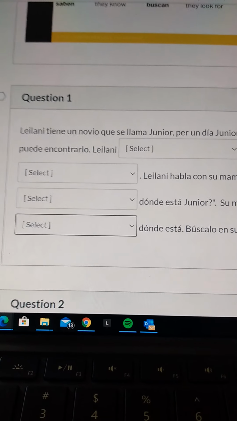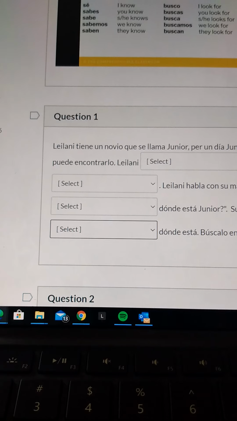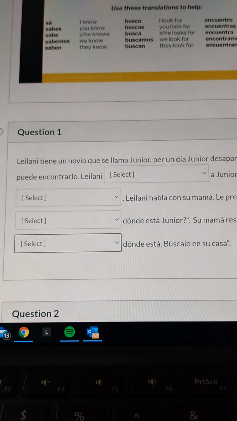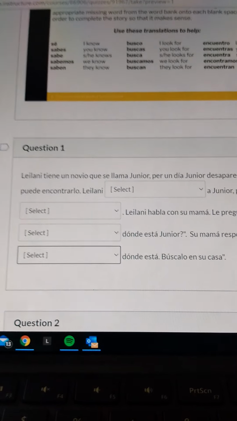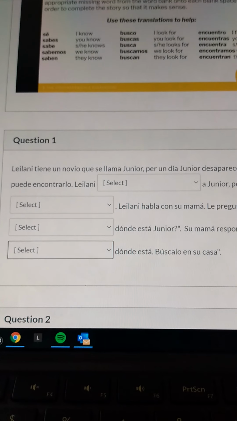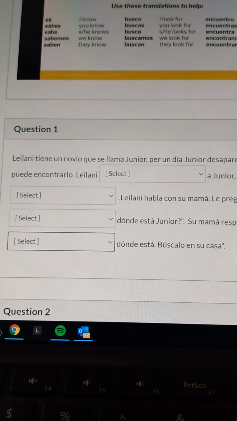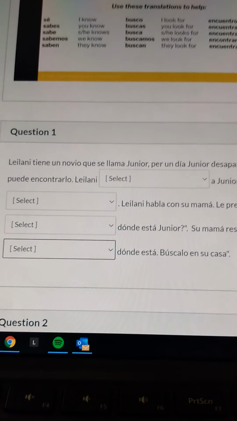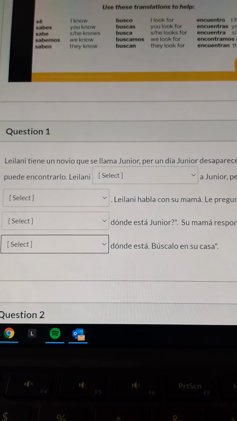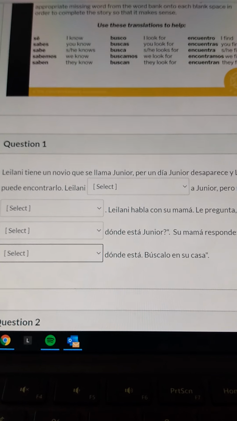So let's scroll down to the first paragraph. And you can see there are 4 words that are missing. They're all going to be verbs for question 1. It's not the case for all of these paragraphs, but for this one it is. So it's about a chica named Leilani. Tiene un novio que se llama Junior.